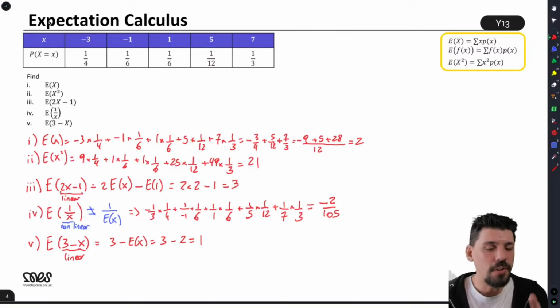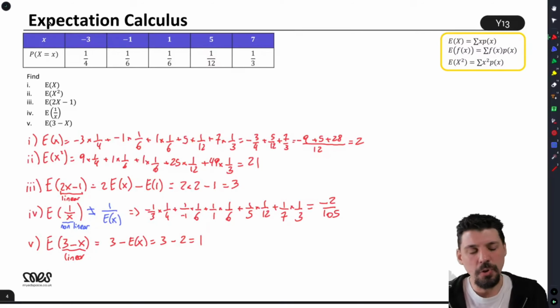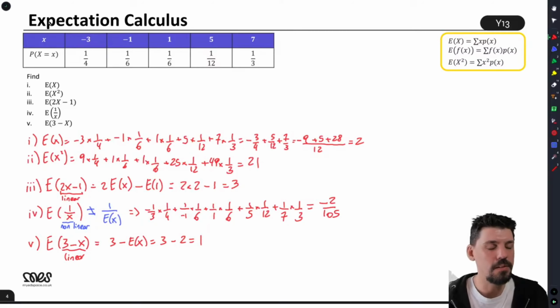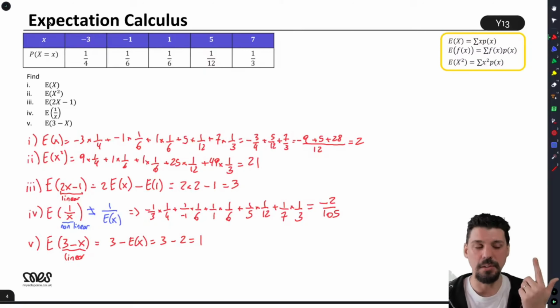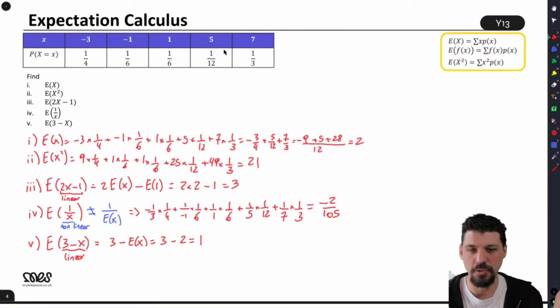Now, don't get me wrong. As we go through more of these, we have a tendency to use discrete random variables that only take positive values, like a binomial, like a Poisson, like counting distributions. All the ones we have in this course are counting distributions: Poisson, binomial, geometric, negative binomial. But there's nothing to say that we can't come up with our own discrete random variables that can take negative values, so you can have negative expected values.